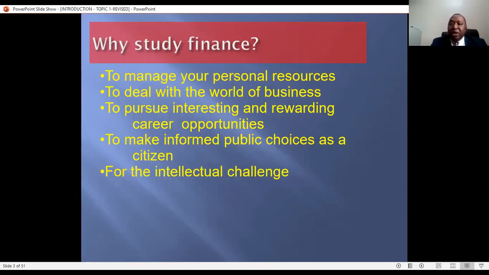And we need to be informed to know what decisions they have to make, for us to be able to make the choices of who is better for us. And there are some who study finance as an intellectual challenge, just because you want to be challenged intellectually. These are the reasons why you study finance.